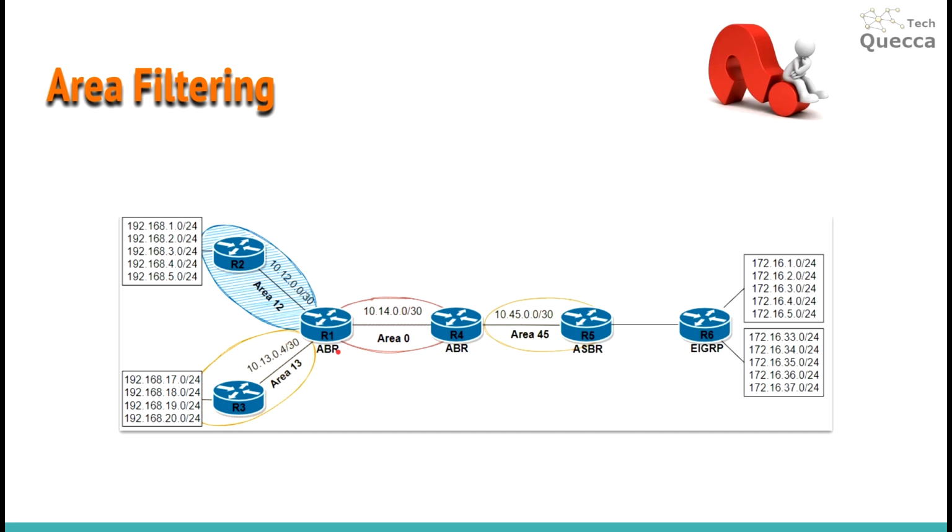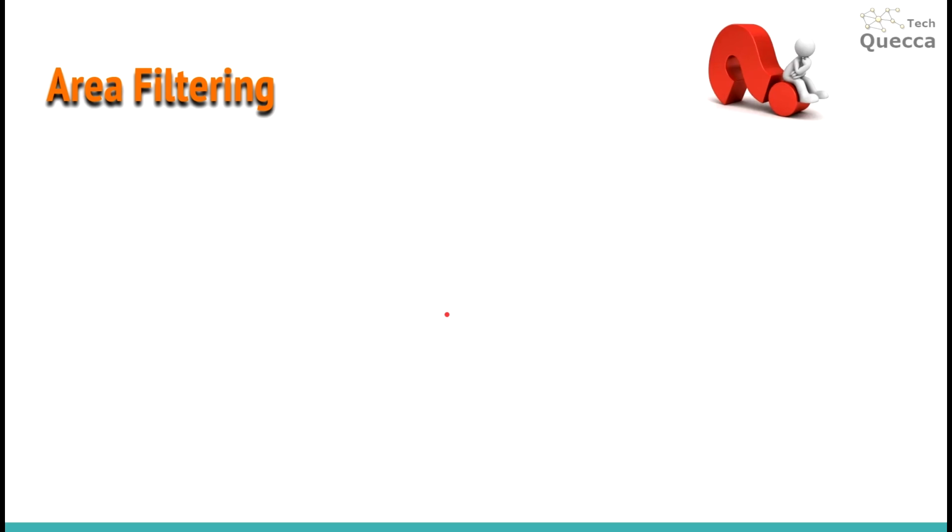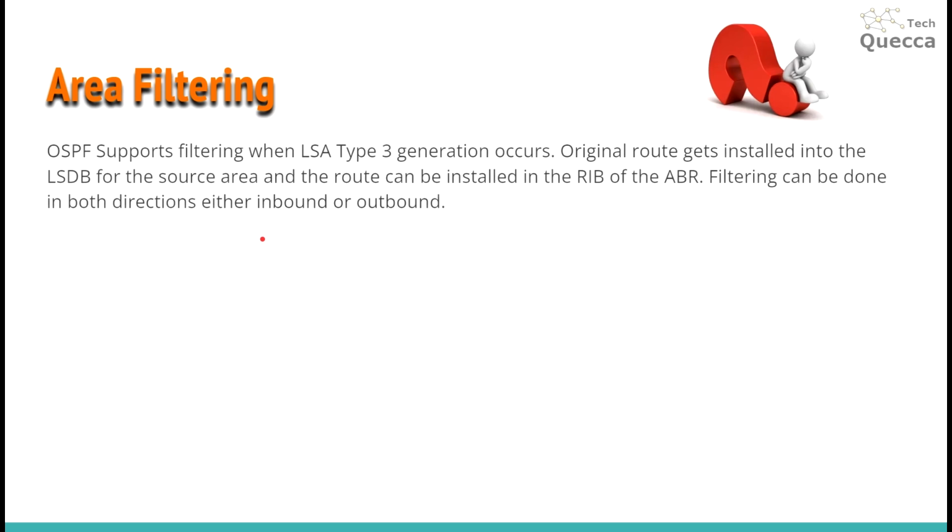For this task, when I need, for example, 17 to be present here and missing here, OSPF has a different method of filtering, and it's called area filtering. It supports filtering when LSA type 3 generation occurs. Original route gets installed into the LSDB of the router for the source area, and then route can be installed in the routing information base of the ABR.